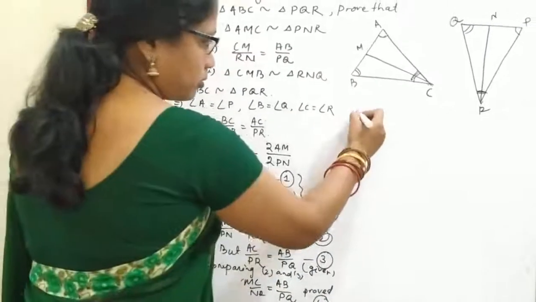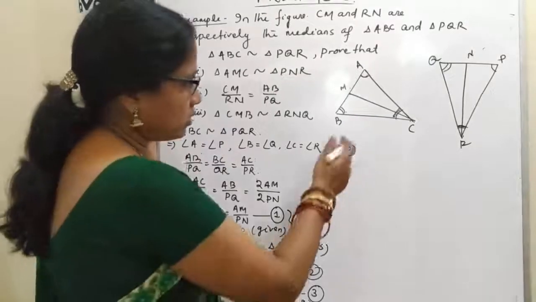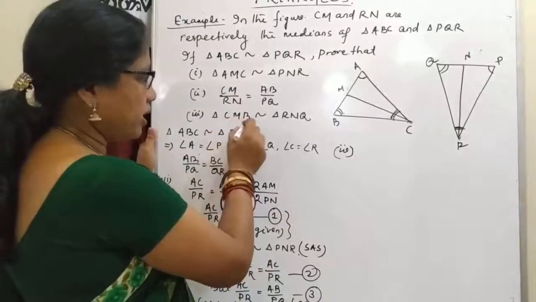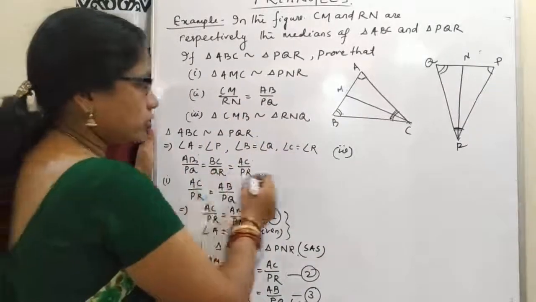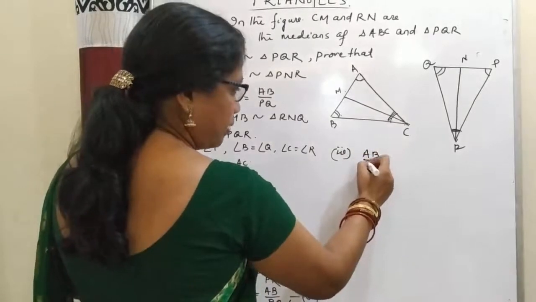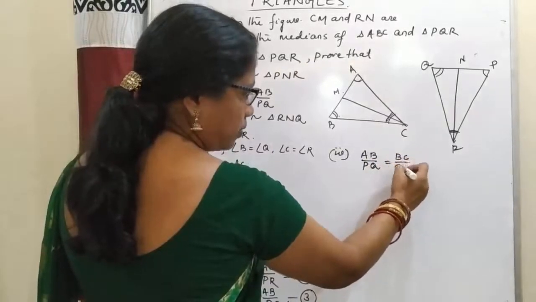Then come to part 3. Next, the third one, we have to show triangles CMB and RNQ are similar. Here it is given that AB by PQ is equal to BC by QR.